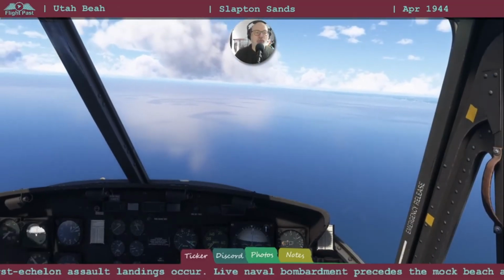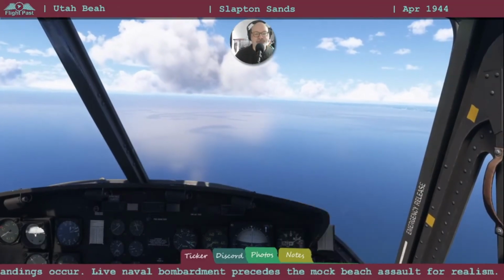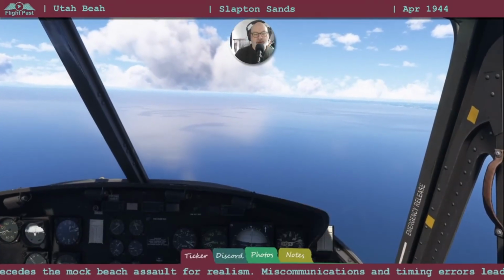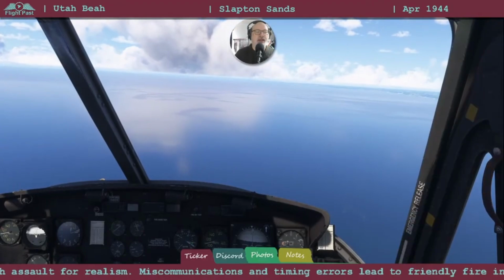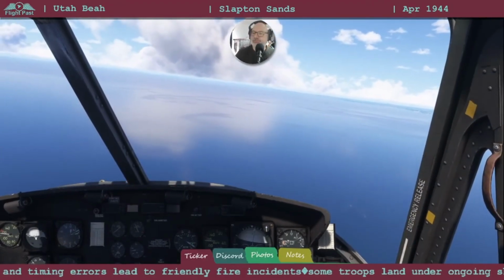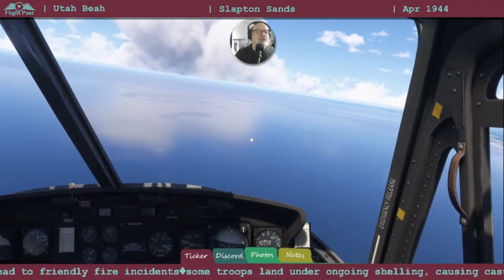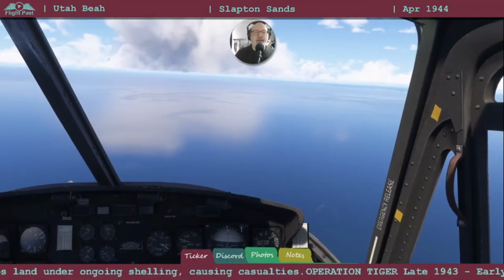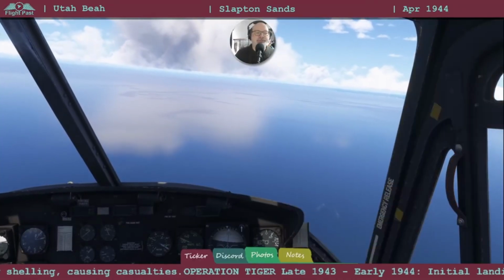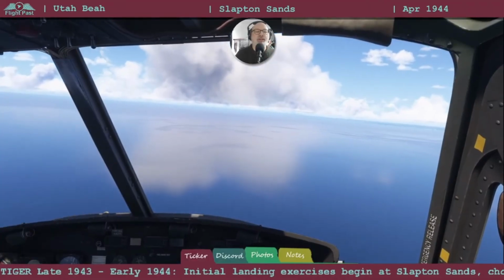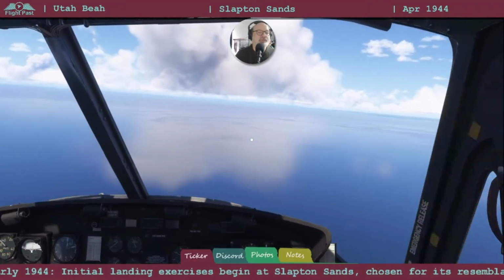And the problem with Utah Beach was that the Germans had basically opened up their lock gates and had flooded the area behind the beach. So what they wanted to do then is find an area on the south of England that was similar to that sort of scenario.